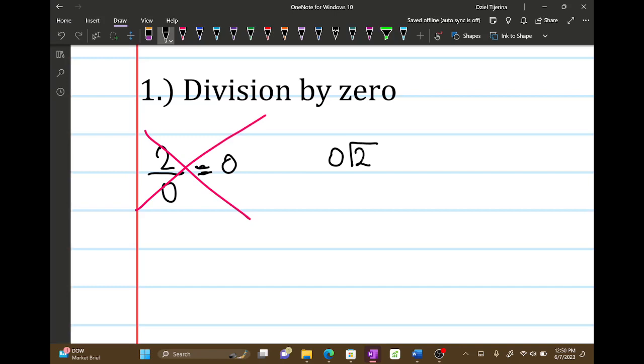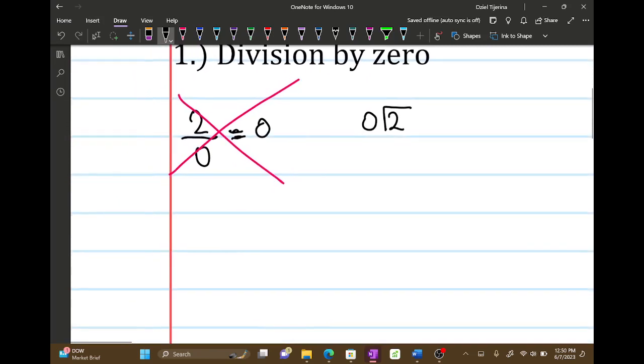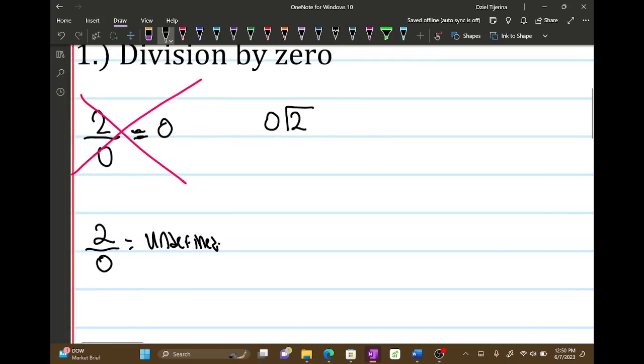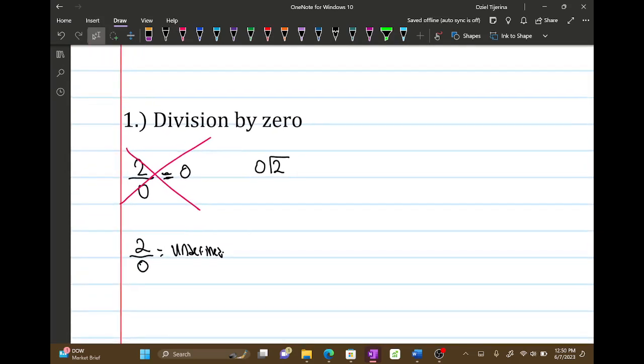There is nothing that gives me 2 when I multiply by 0. Everything multiplied by 0 is 0. So when we say 2 divided by 0, this is undefined. We always say that's undefined because we do not know what that is.